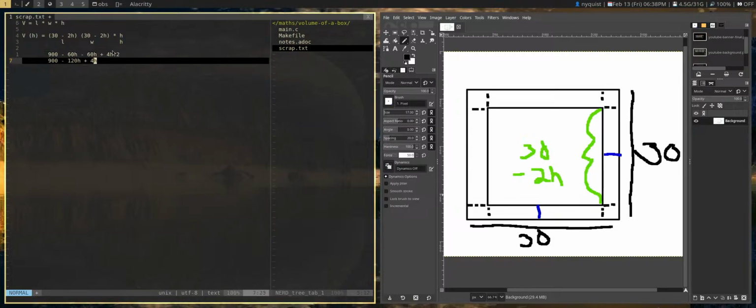My bad. So we get negative 120h plus 4h, power of 2. And then we still have to multiply all of this by h.